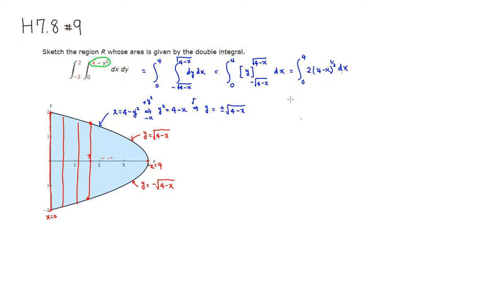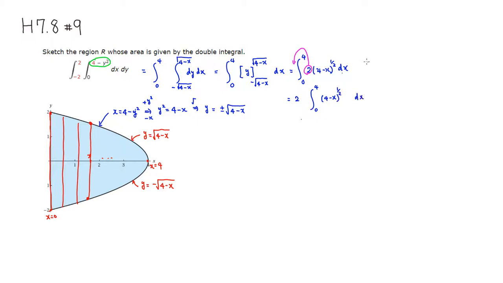Then we want to find the antiderivative. The first thing I would do is move the 2 in front so that we have 2 outside, then the integral from 0 to 4 of 4 minus x to the 1/2 power.